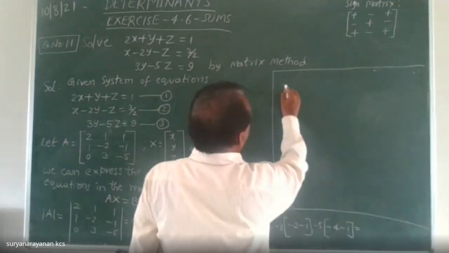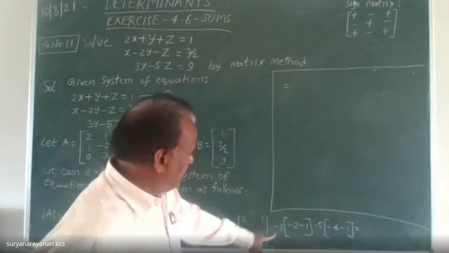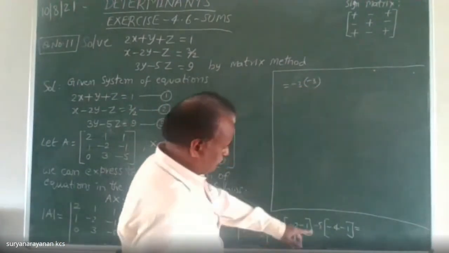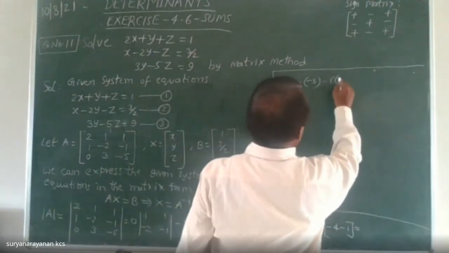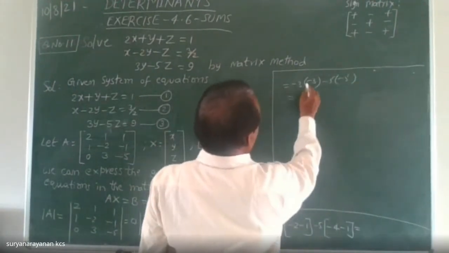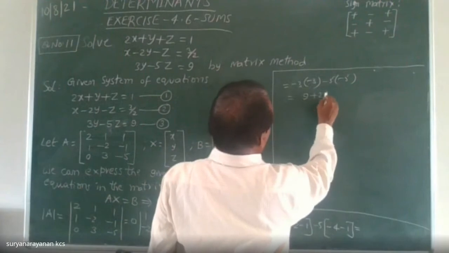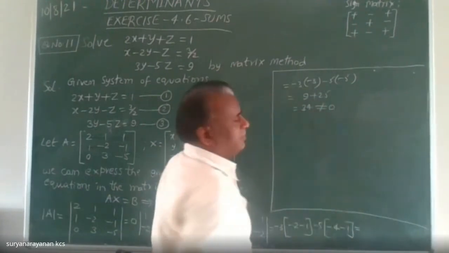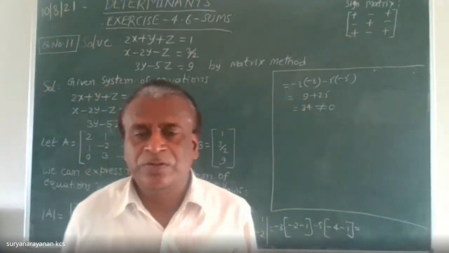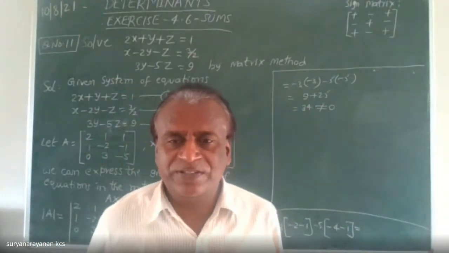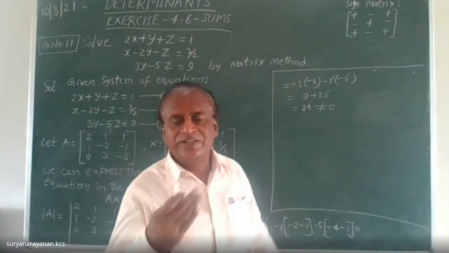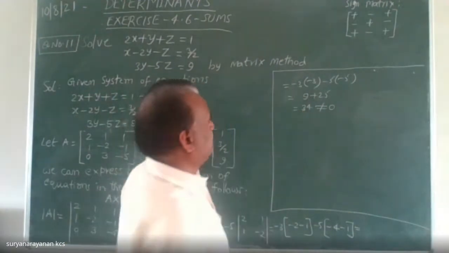This is equal to minus 3 into minus 3, minus 5 into minus 5. 9 plus 25. We got 34. The determinant of the matrix A is 34. It is a non-zero number, which means it is a non-singular matrix.